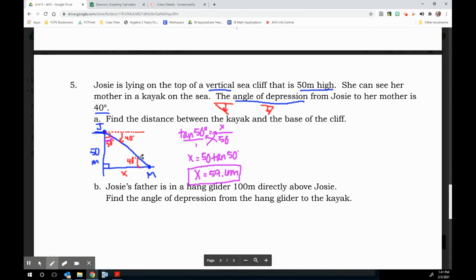Option 2, if you're choosing to use the 40 degrees, I am given my opposite and I am looking for my adjacent. So I'll still use tangent, but now of 40 degrees, and it's going to equal my 50, which is my opposite, divided by my adjacent, which is the x. So again, making a proportion and cross multiplying.